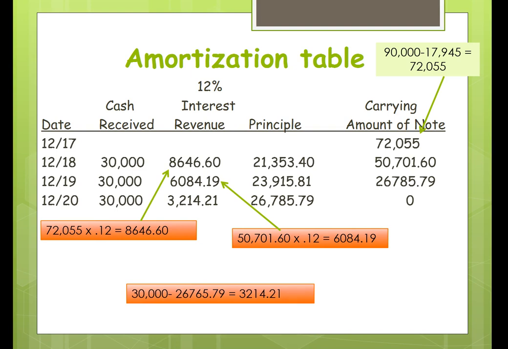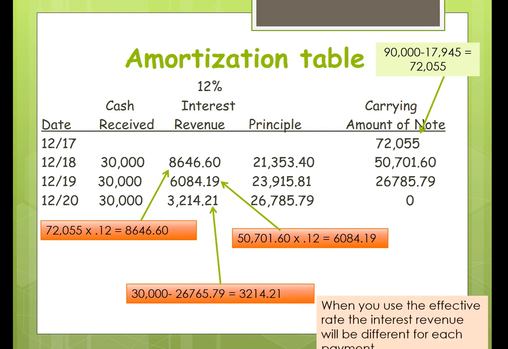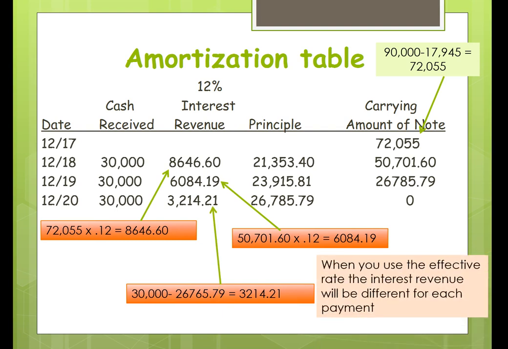It's going to be the difference between the face of the note and the balance in the account. When you use the effective rate, remember the interest revenue will be different for each payment.